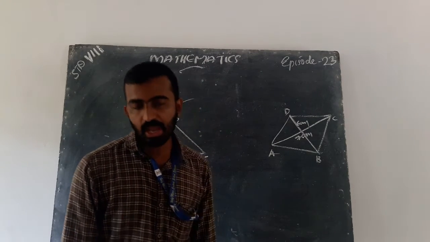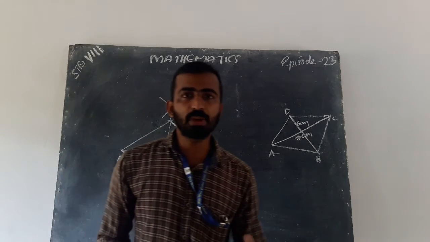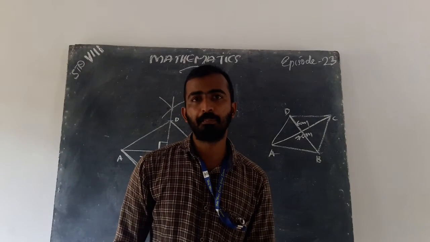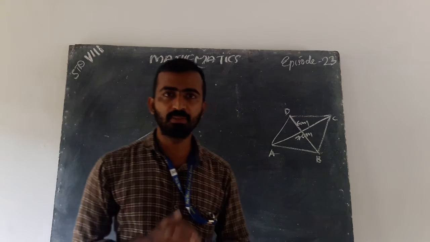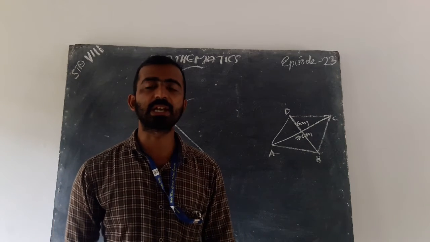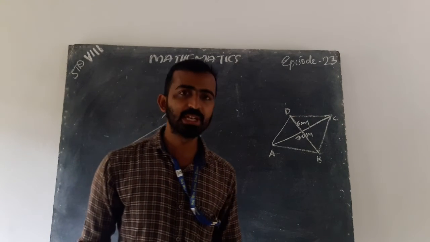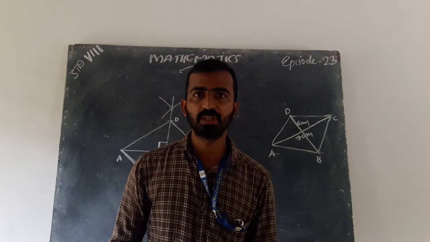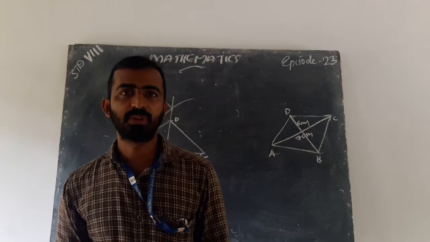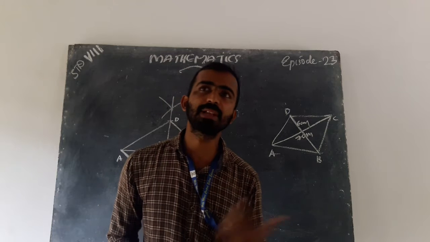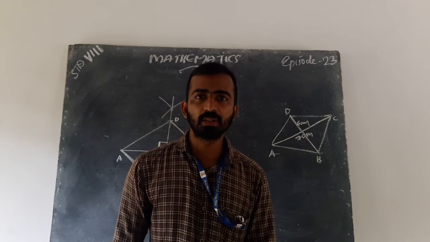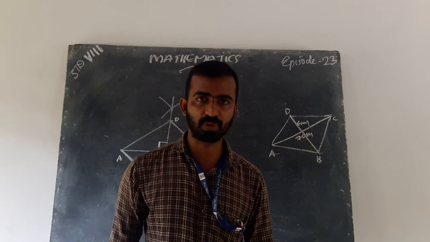And next, we finish this chapter. In this chapter, we fully discussed the construction. First, we studied the construction of quadrilaterals. In the previous chapter, we studied the properties of quadrilaterals.